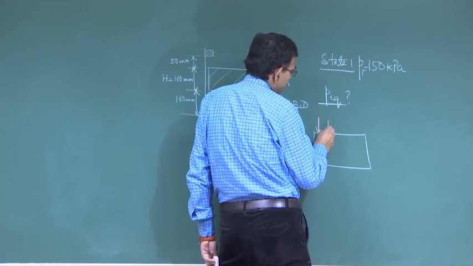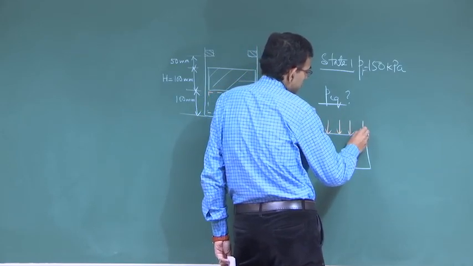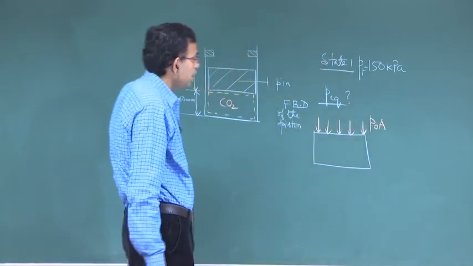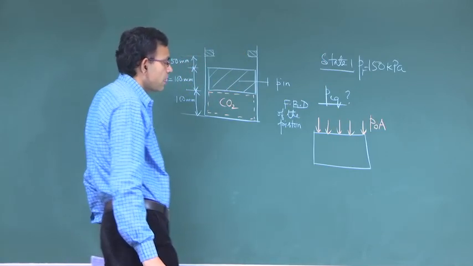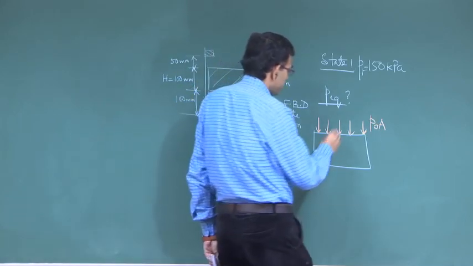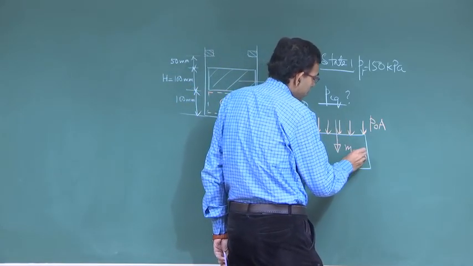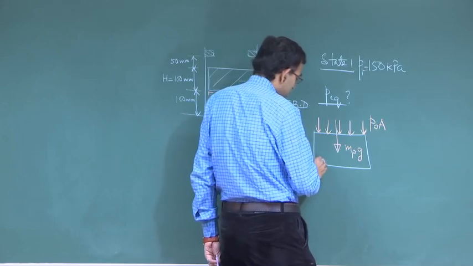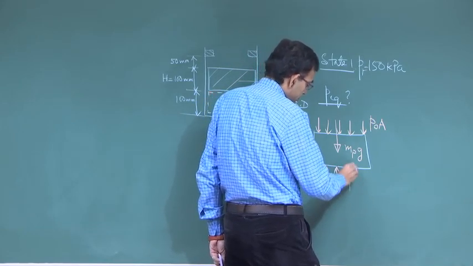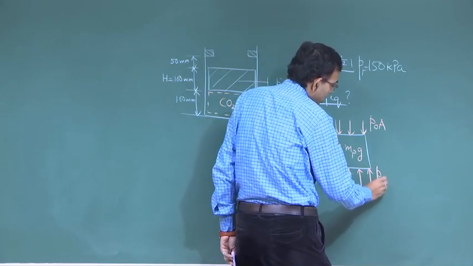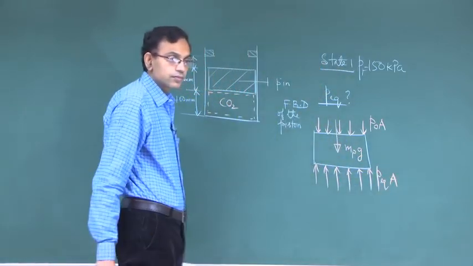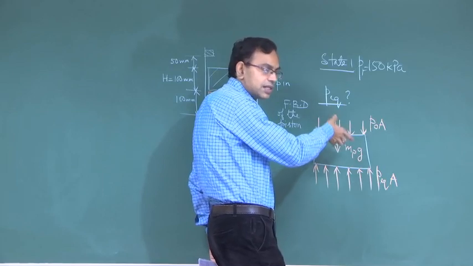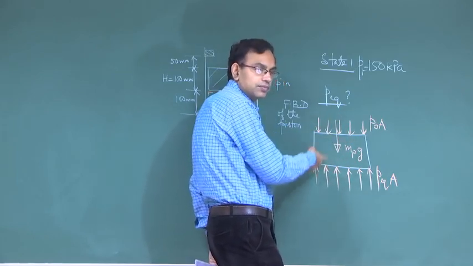So, this is atmospheric pressure, P0, A is the area of the piston, then you have the mass of the piston times g, which is the weight of the piston, and from this side you have P equilibrium times A. If the piston is moving in a quasi-equilibrium or quasi-static process, these forces are always in equilibrium.